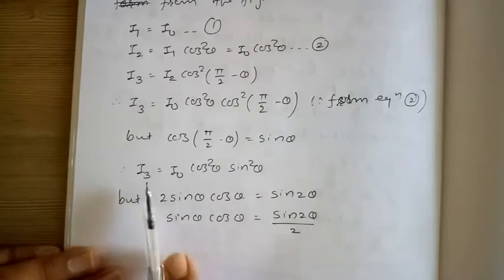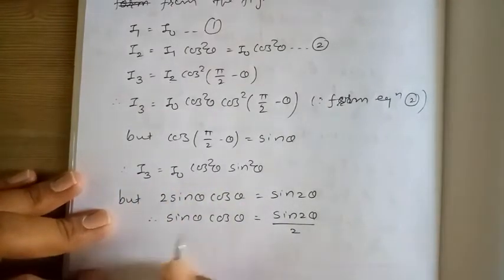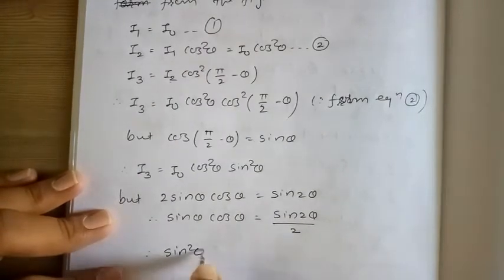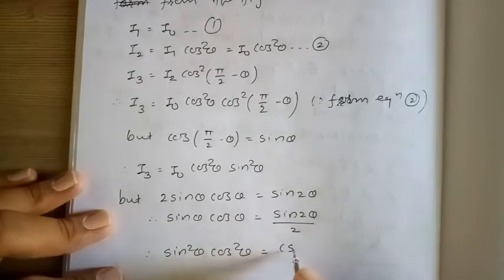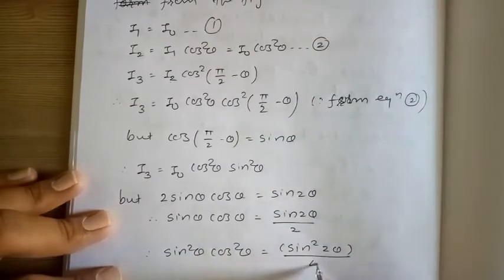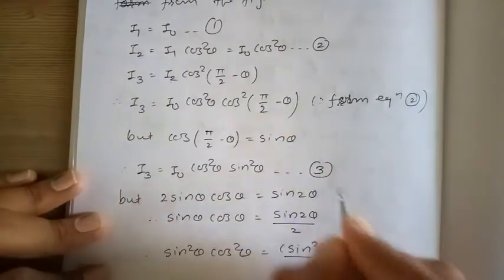So see here, I3 is equal to I0 cos square theta sin square theta. Here we square both sides, so we get sin square theta cos square theta equal to sin square 2 theta divided by 4, right? So this is equation number 3.